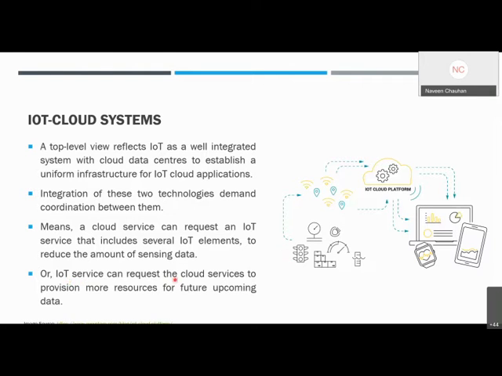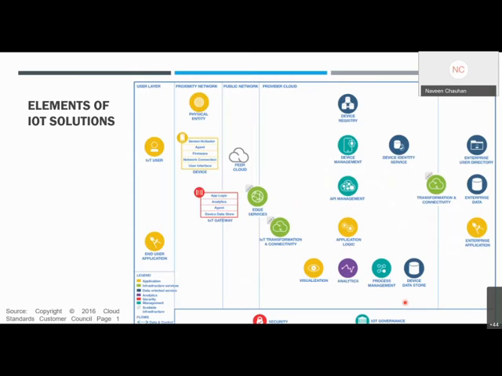So an IoT service can request the cloud service to provision more resources for future or upcoming data. So definitely any of the IoT services, when we are talking about them, can request the cloud services to provision more resources for the upcoming data. So these are some of the elements which are taken as the IoT cloud standards.